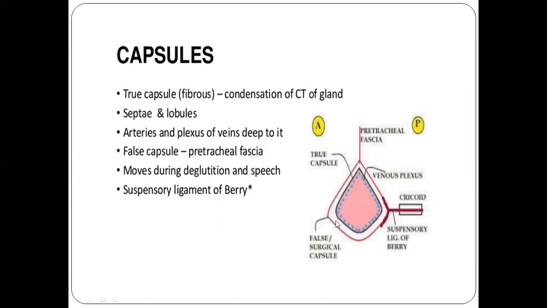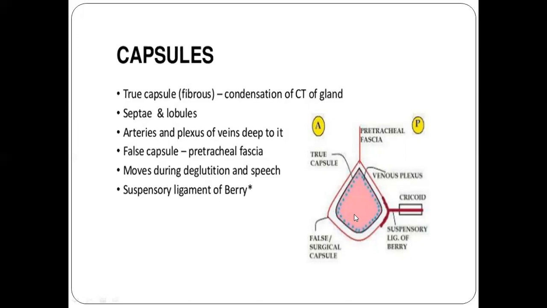The false capsule is formed by the pretracheal fascia or deep cervical fascia, which joins the thyroid gland to the larynx and the trachea. Whenever the larynx moves up and down, the thyroid gland follows its movements, because the pretracheal fascia connects the thyroid gland to the larynx and the trachea.